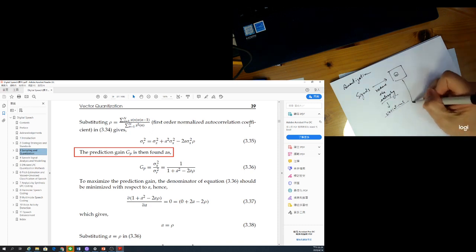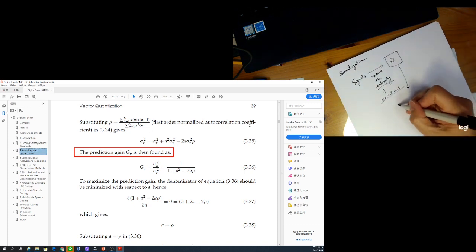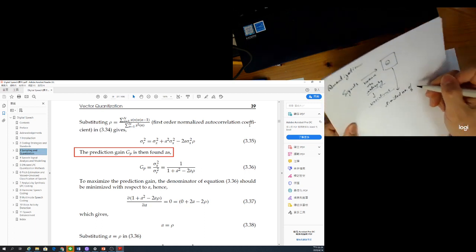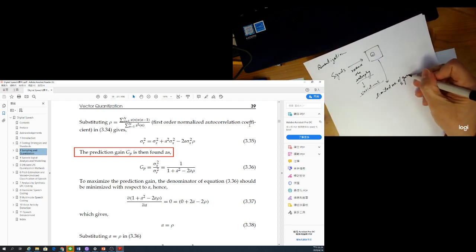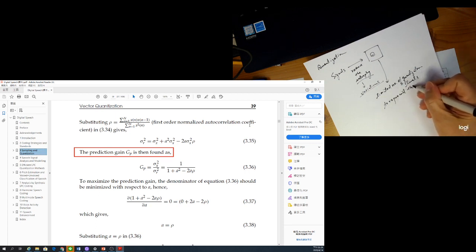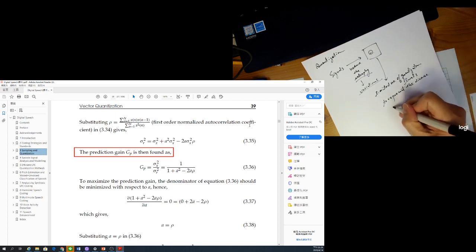We are using a limited number of quantization levels to represent diverse data.